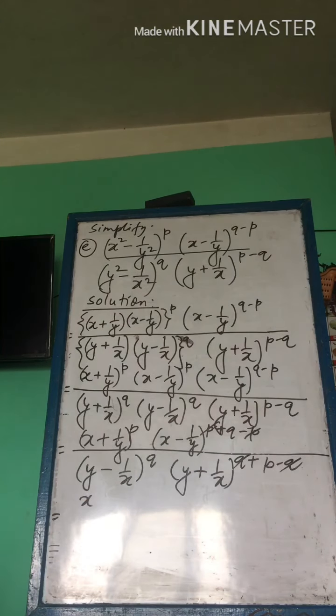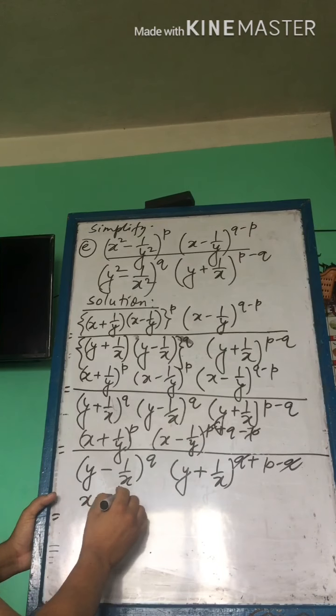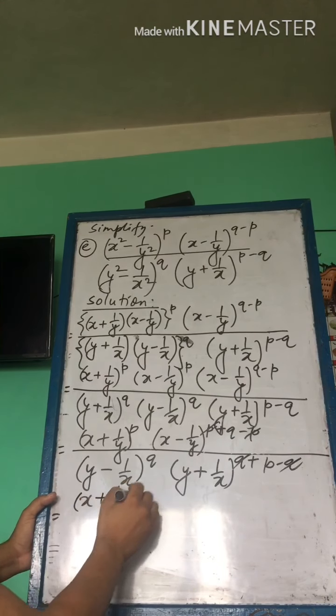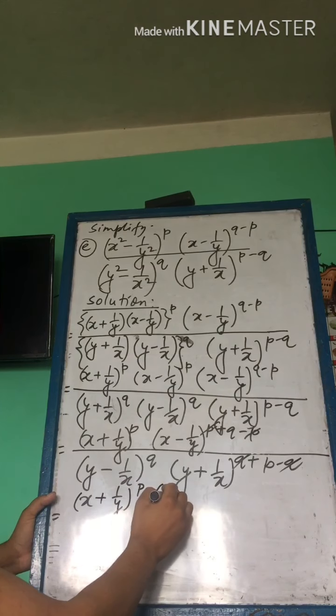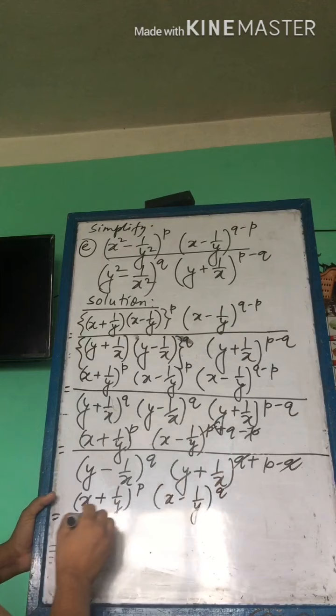Now better what we do, let us do one step. I want to skip one step, or let me do this step only. x plus 1 upon y whole to the power p remains out from here. x minus 1 upon y whole to the power q remains in the numerator part.